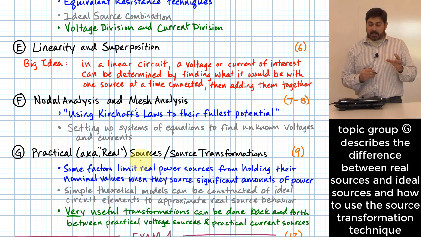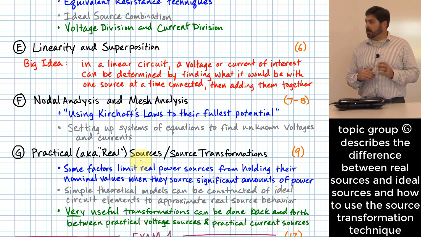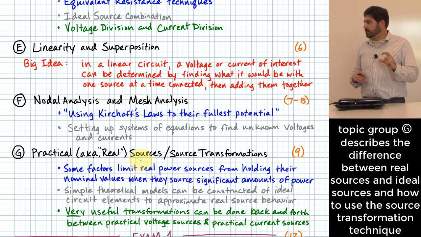Even though a battery in a lot of ways acts like a voltage source, it isn't truly one, because an ideal voltage source, when we write one up on our page, assumes that it will supply that voltage regardless of how much current it has to pump out at that voltage, right?